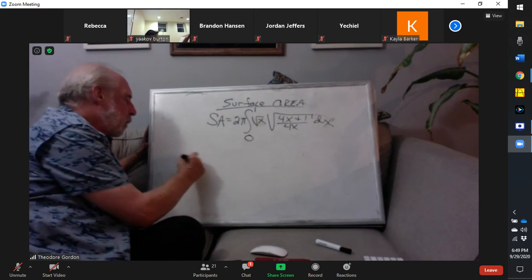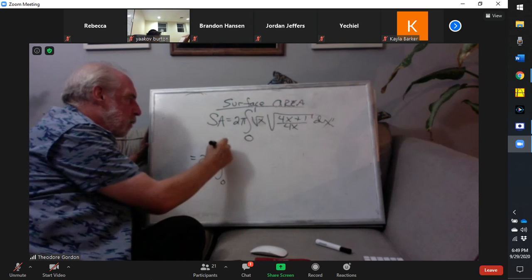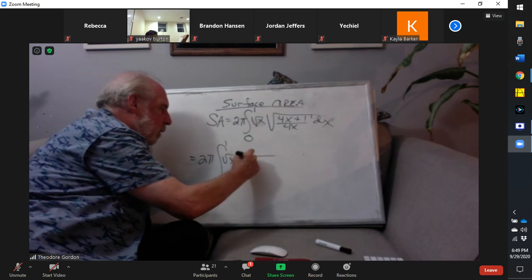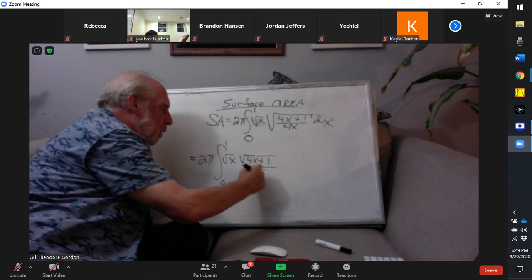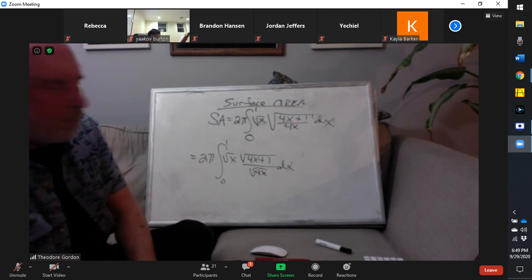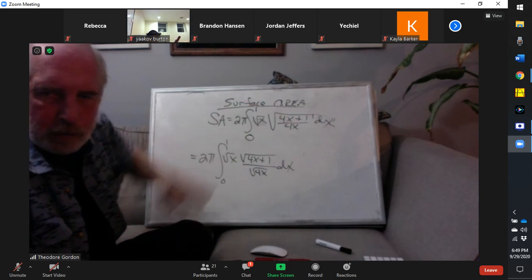So our surface area becomes 2 pi, the integral from 0 to 1, square root of x times the square root of 4x plus 1 over the square root of 4x dx. So from here to here, I just split this into 2 square roots.